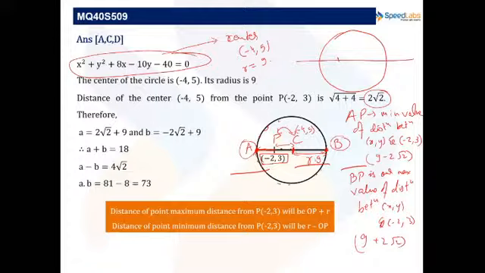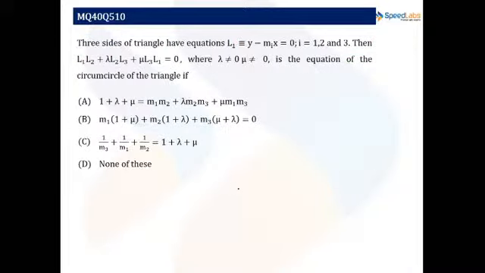Clear? Now, let's move to our next question. Our next question is, we are having three sides of a triangle with equations Li equals y minus mix equals 0, where the value of i can be 1, 2 or 3.